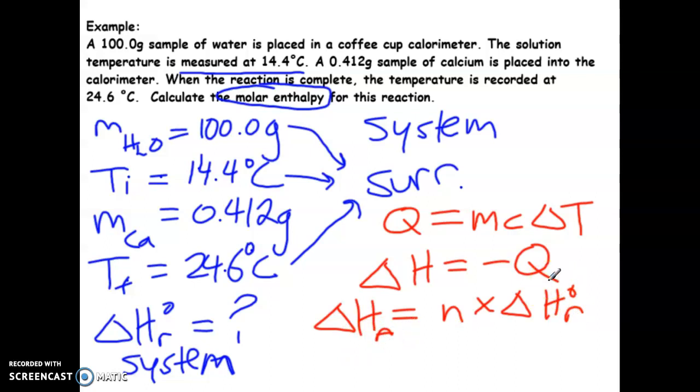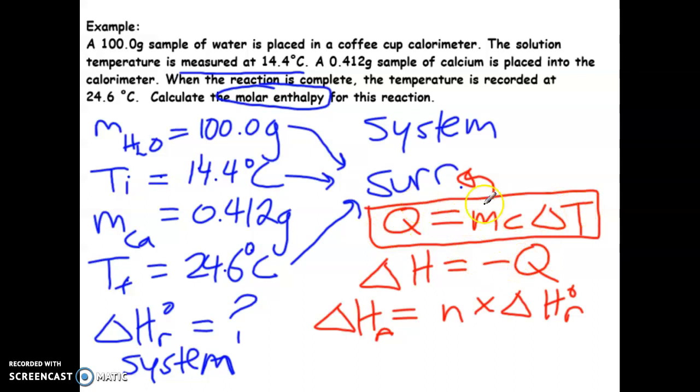Essentially, we have enough information to solve for Q. So remember that Q is for the surroundings, and the relationship between surroundings and system is inverse. So delta H, enthalpy, is equal to negative Q.